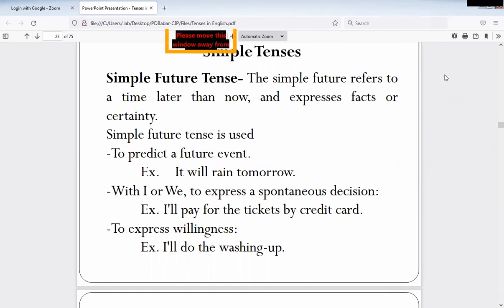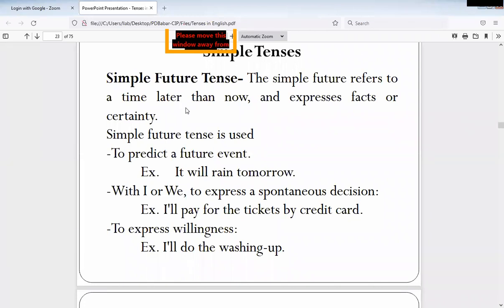The simple future tense refers to a time later than now, means the time that will follow after now.